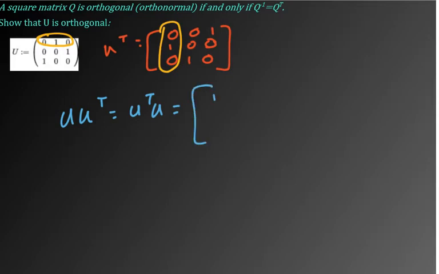Then let's do one more because the next one's different. If we do this and this, we get 0, 0, 0 again, so we get a 0. And you just keep going through that. You really would get the 3x3 identity matrix. So this just proves that this thing is orthogonal based on this very important if and only if theorem.